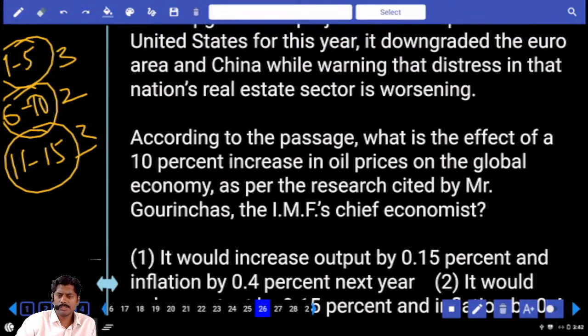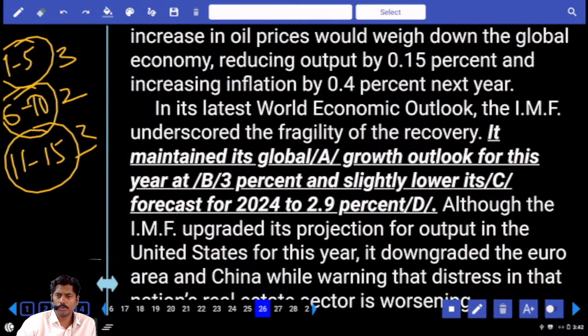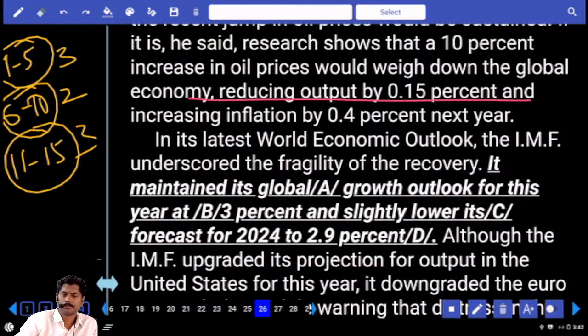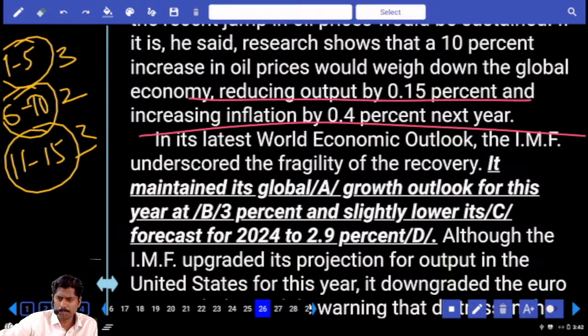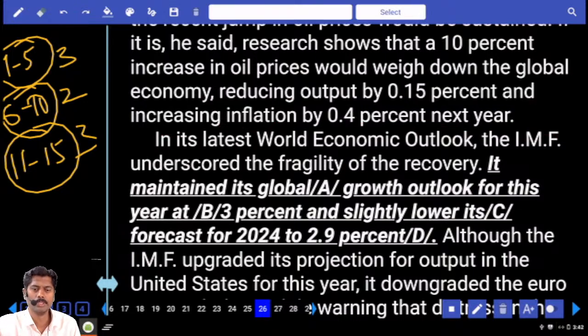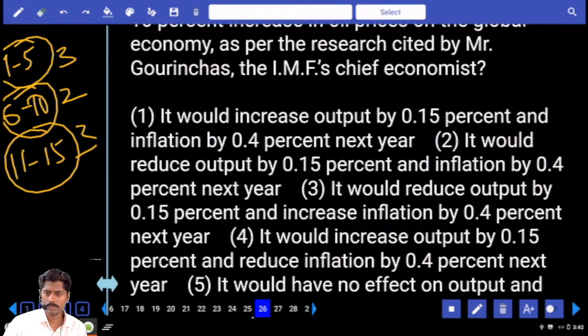And where is this 0.15 and 0.4%? Is this right? Oil prices would weigh down the global economy, reducing output by 0.15% and increasing inflation by 0.4%. Reducing output, increasing inflation. Reduce output and inflation?